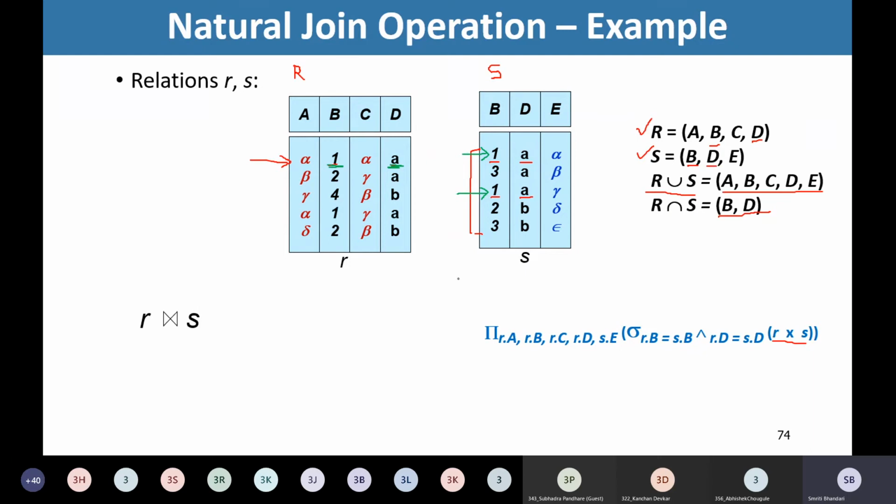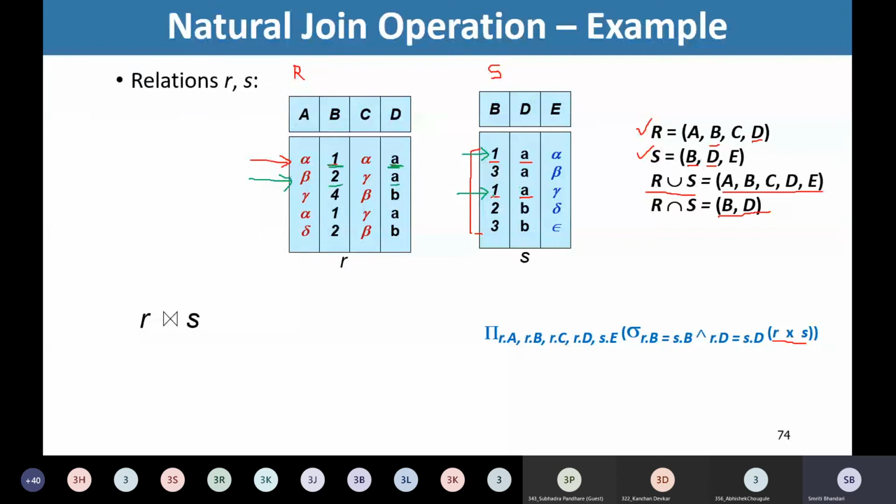So for this first tuple in R, we'll be having two tuples in our R natural join S. Now for this second tuple, beta 2 gamma A, what are the values of common attributes? 2 and A, BD 2A.